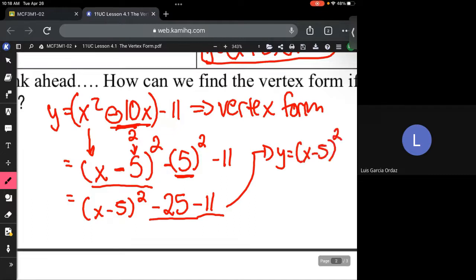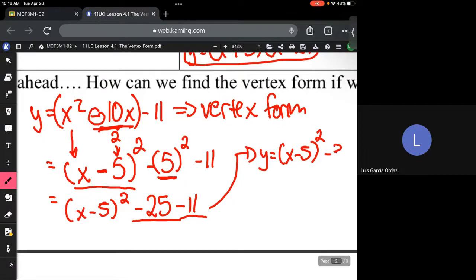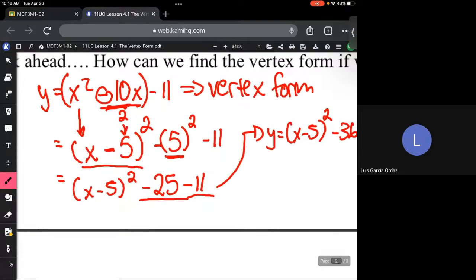Negative 36. Wait, how did you get negative 25? So we have this minus out here, okay? And then in brackets, you're going to put the number we got when we divided 10 by 2, which is 5, and you have to square that because it's completing the square. So there's a longer way to do it, but this is the shorter way.